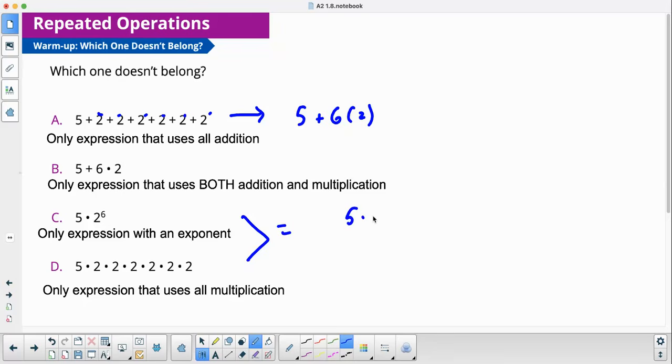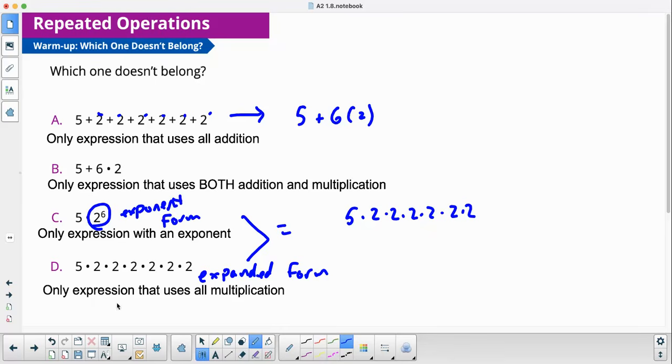Because 5 times 2 to the 6, 2 to the 6 is really 2 times 2 times 2, 6 times. And that happens to coincidentally be the same thing here as D. So, this is called expanded form. And then this is called exponent form. So same expression, C and D are actually equal, but just getting us used to writing expressions differently.